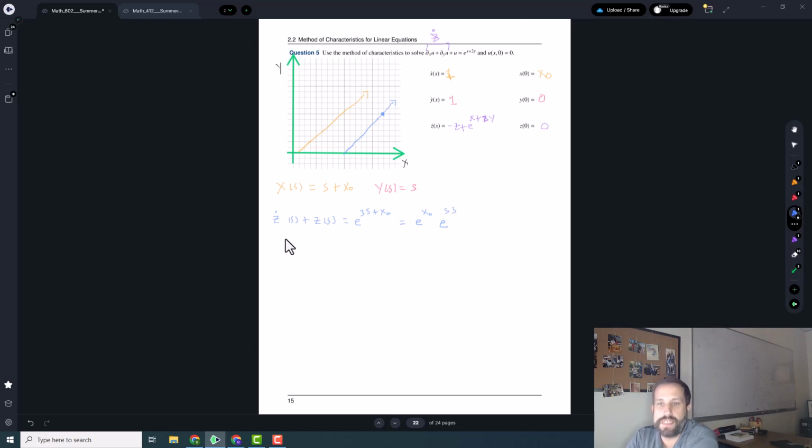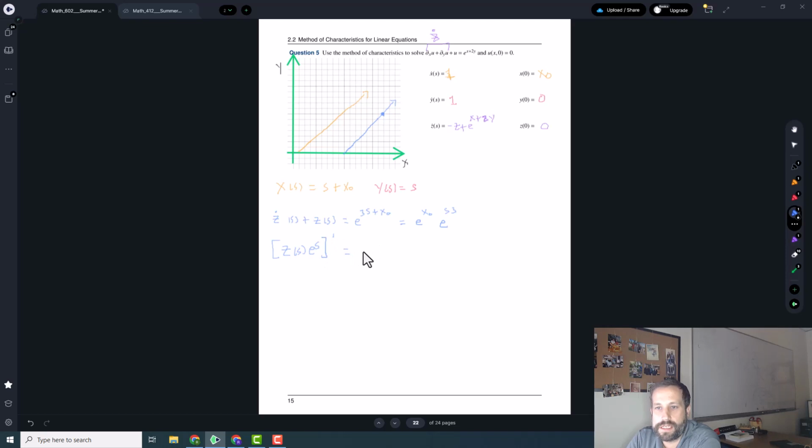Okay, so now this is an integrating factors problem. The coefficient on z is 1, so the integrating factor is just going to be e to the s. On the left-hand side, we're going to have z of s, e to the s, prime.